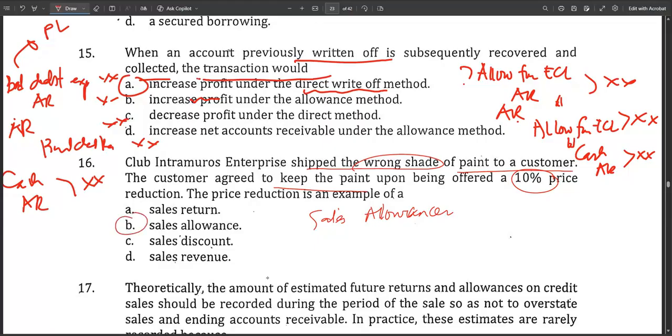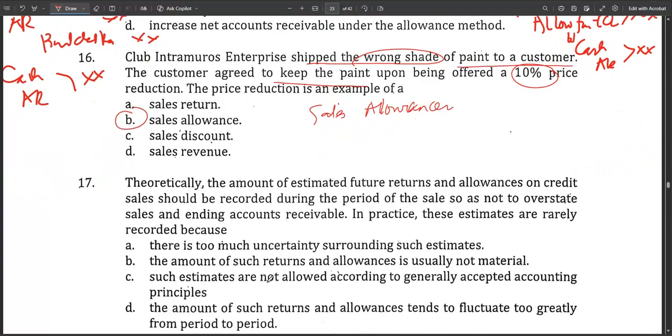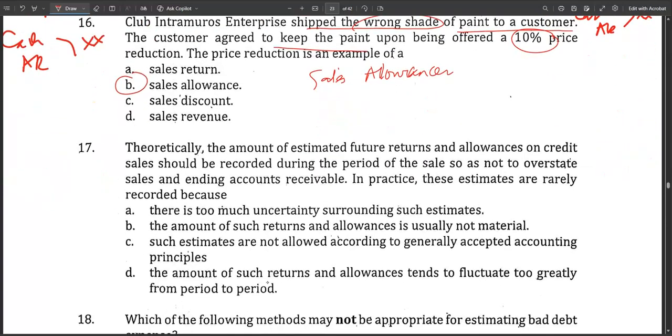Of course. And on 17, theoretically, the amount of estimated future returns and allowances on credit sales should be recorded during the period of sale.